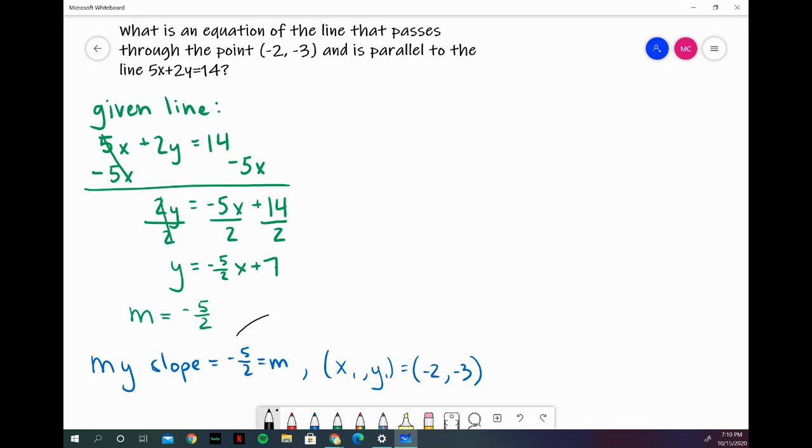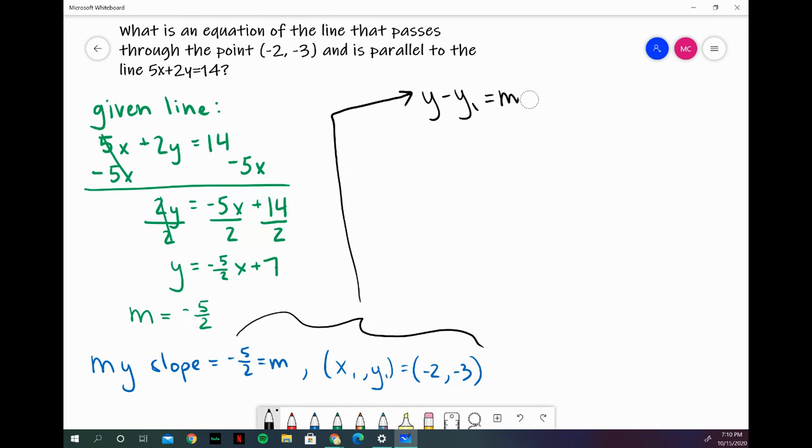So we're going to take all of this information and plug it into the point-slope formula, which is y minus y1 equals m times x minus x1. And remember, these y1 and x1 come from my coordinate point.